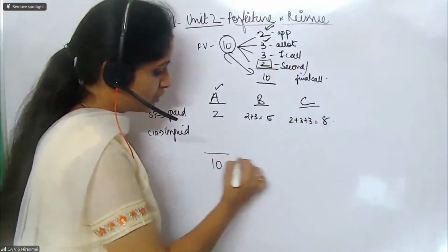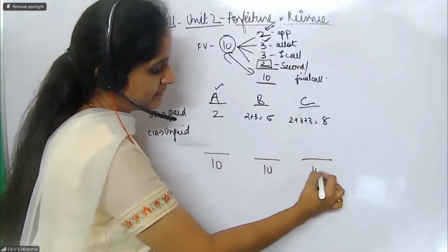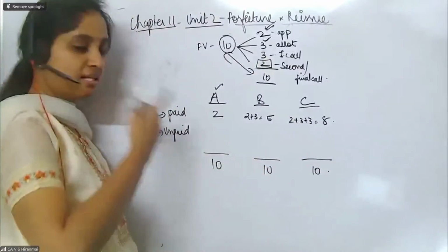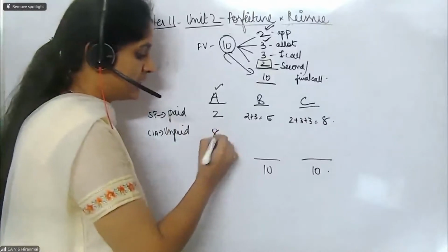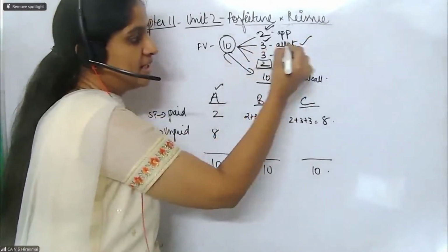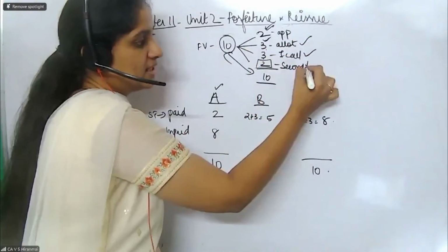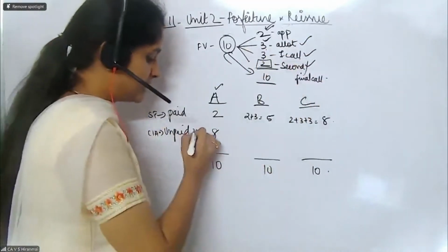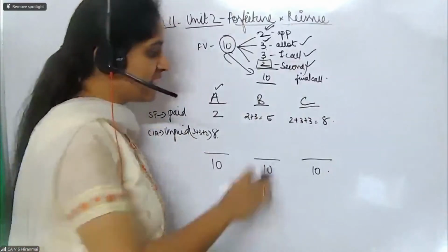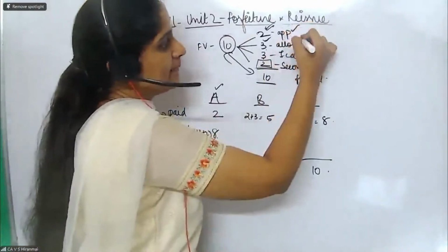So out of the total 10 rupees, A has paid 2 rupees. That means he has not paid 8 rupees. Otherwise, also you can see here, he has not paid allotment 3, first call 3, second call 2. So it will be 3 plus 3 plus 2, which is 8. Now come to B. He has paid application and allotment.